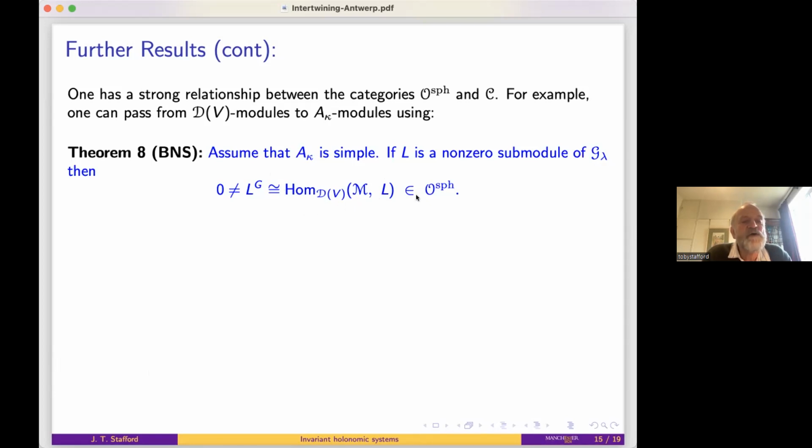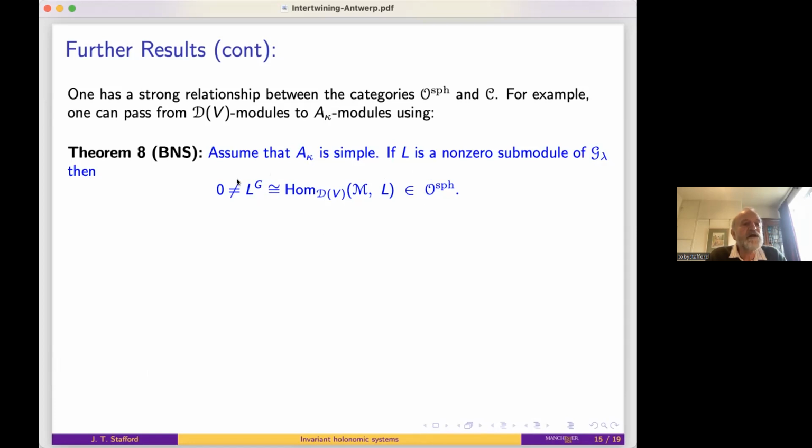And that is, by the way, always going to be a module in O spherical. That's not surprising, because if L has a locally finite action of C of H, or sim HW, the same is going to be true of the invariants.